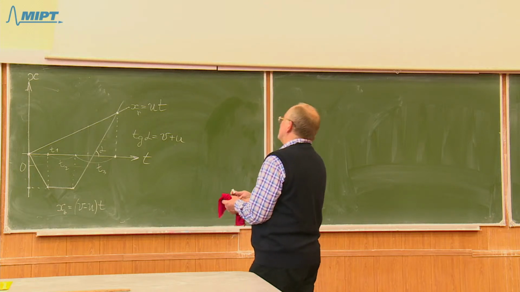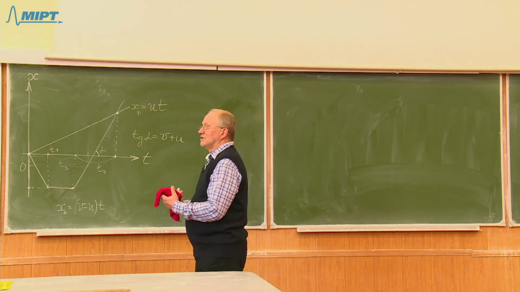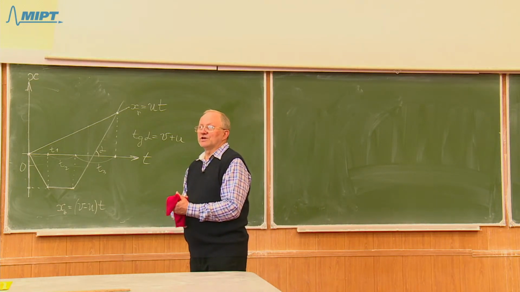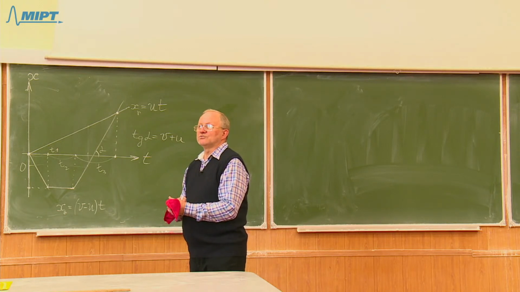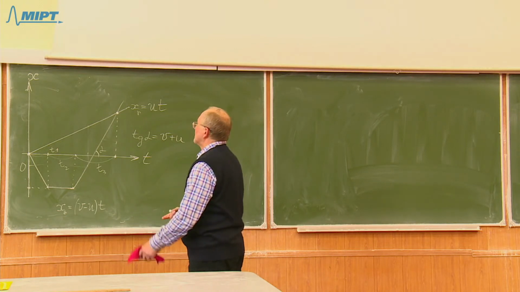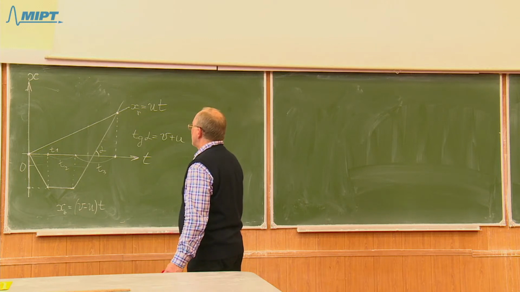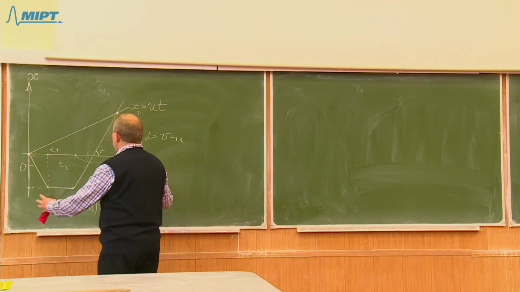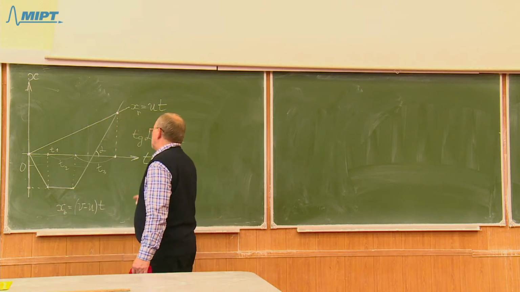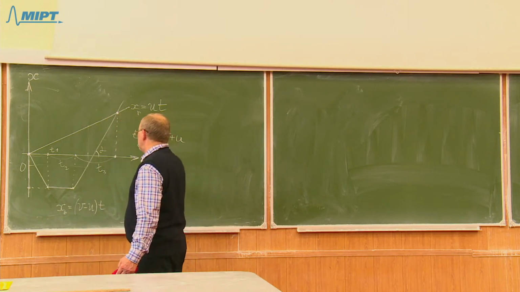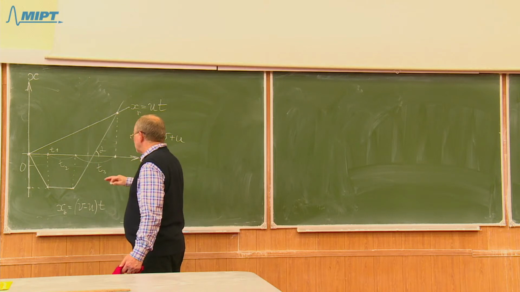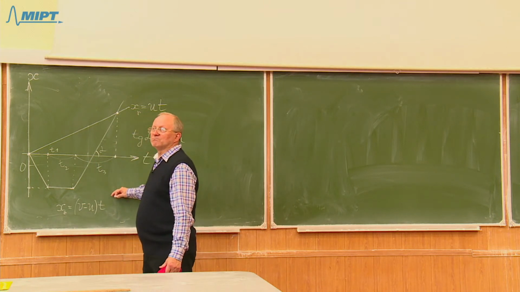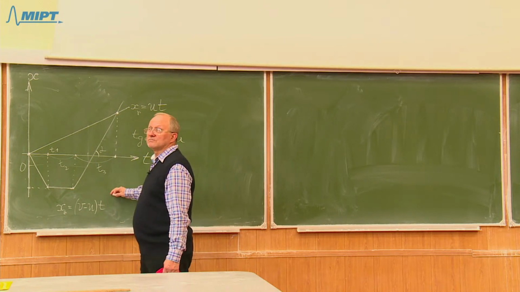It may be more convenient if we change the reference frame, if we go to a reference frame connected with some other object. All the graphs here are provided with the reference frame associated with the river banks, with the ground.